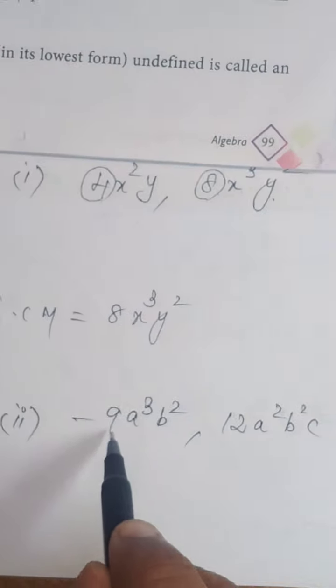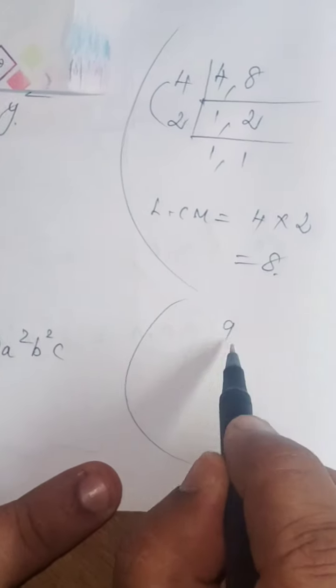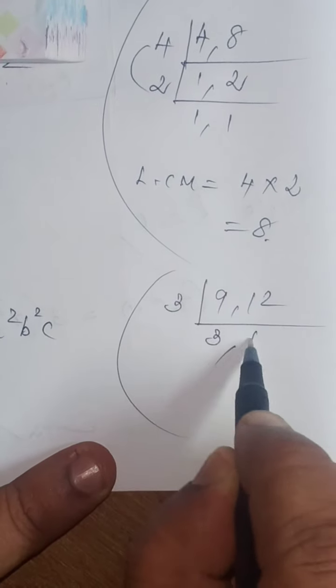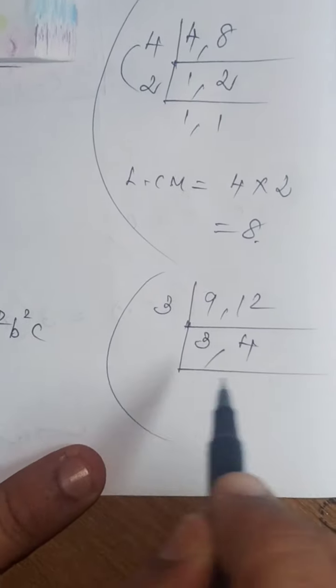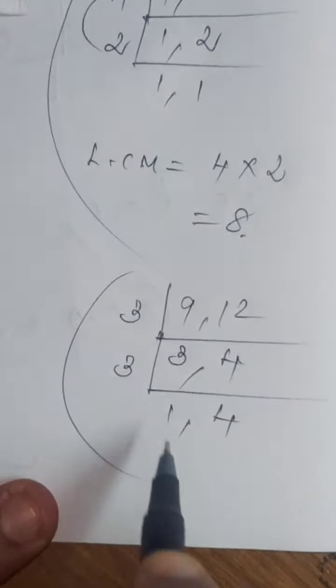Now I take 9 and 12. 9 and 12 can divide by 3 table 3 times. 3 4s are 12. 3 and 4, I take 3 one time and 4 write as it is.